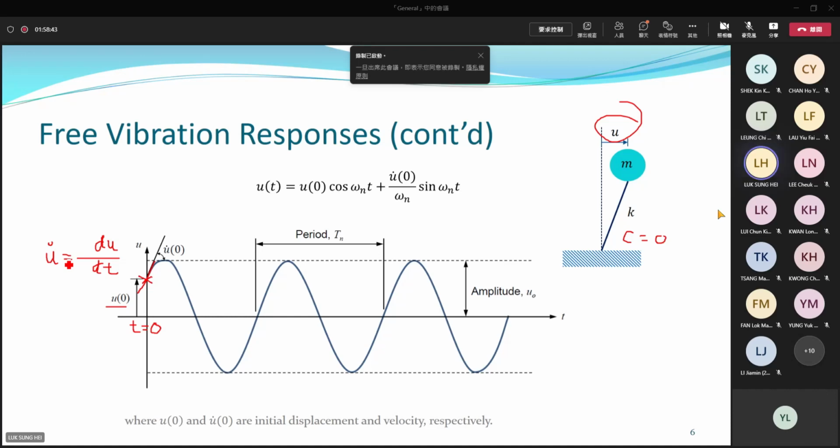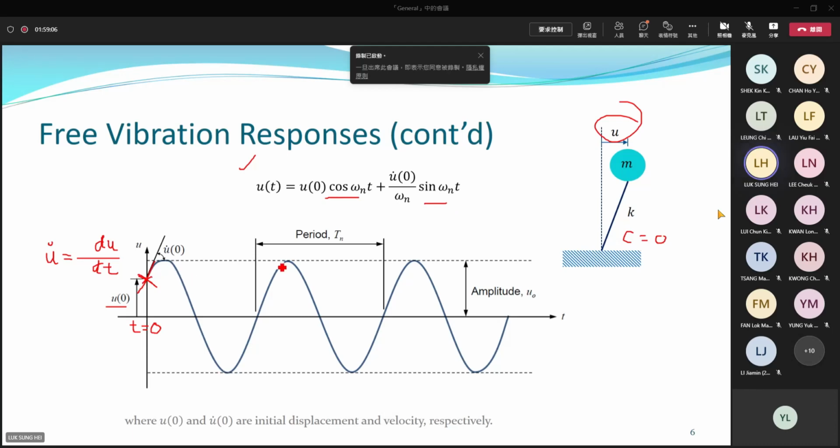If I ask you to plot the graph, I believe that you need to know how to draw it. The first point here, at time equal to 0, the number is equal to the initial displacement and initial velocity. And then they will oscillate following the cosine sine pattern in this manner.